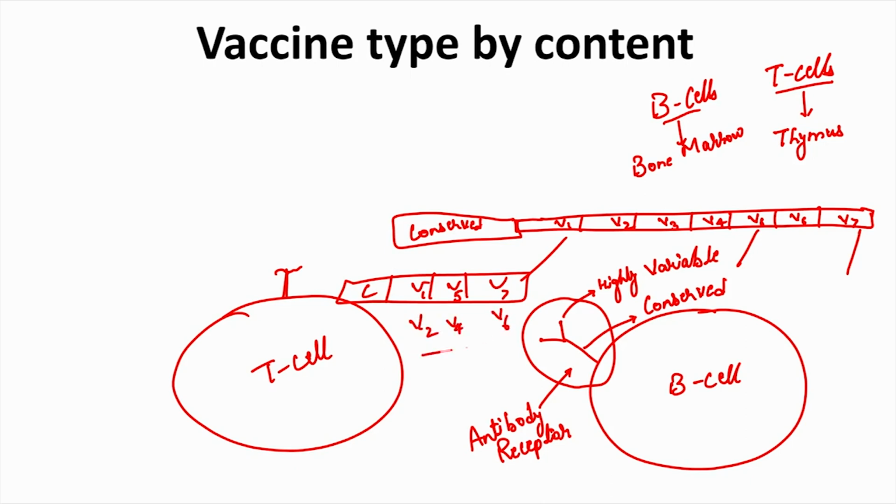Of course, I am simplifying this, and there are actually names to these, which is called the VDJ region. I am not going to go into a lot more detail, but at the time of the generation of these cells, these things can pick out different segments, and that is how the variability arises. So that is why we have millions and trillions of these T cells and B cells floating in our body.